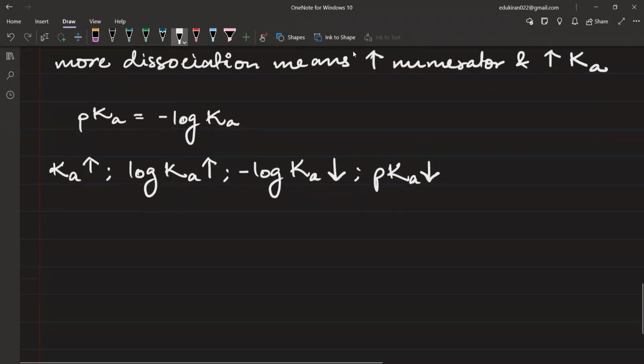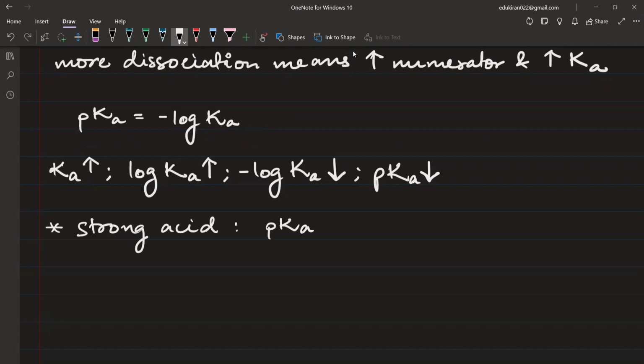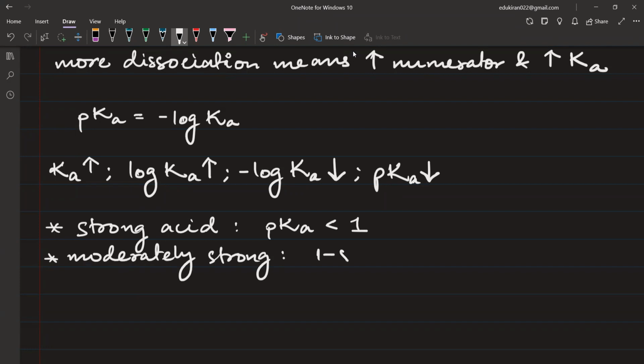So about the range of pKa, please write. If you have a strong acid, the pKa is less than 1. For moderately strong, it is between 1 to 5, and here lies the carboxylic acid, somewhere around 4.